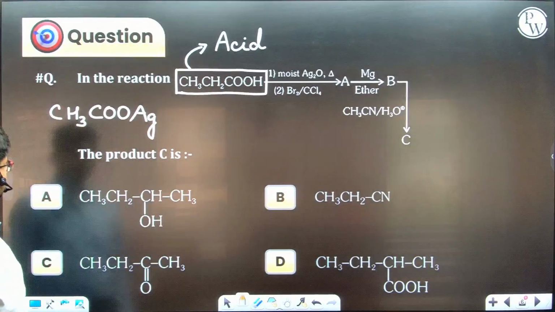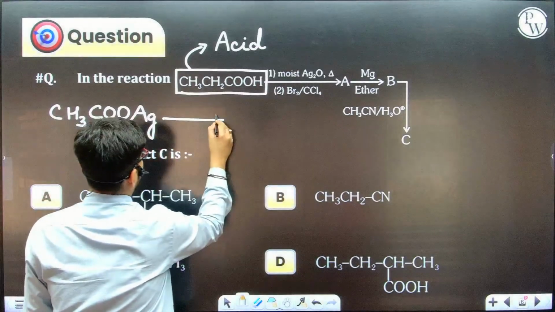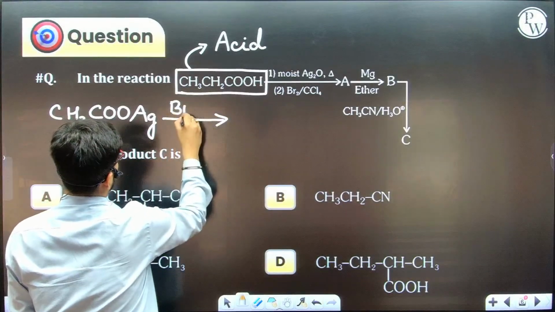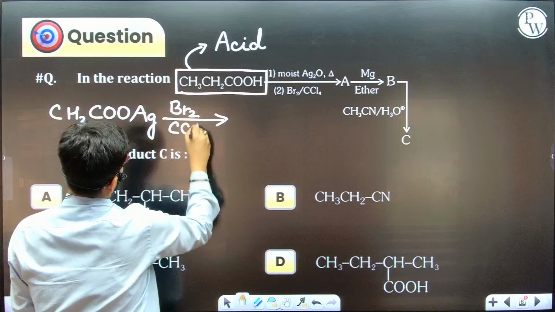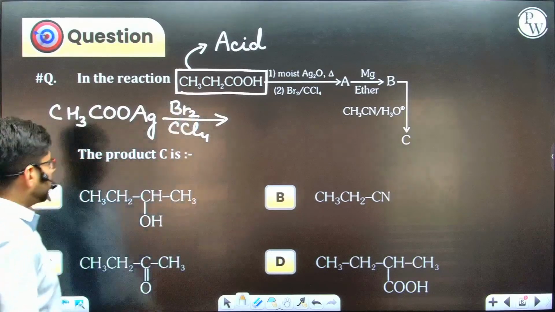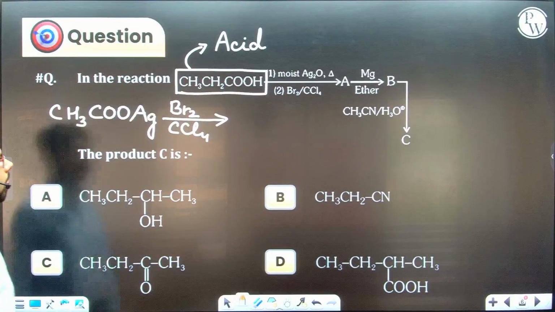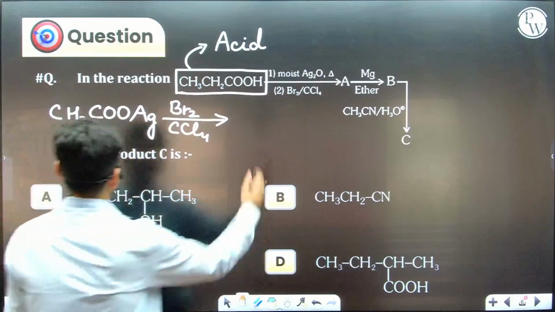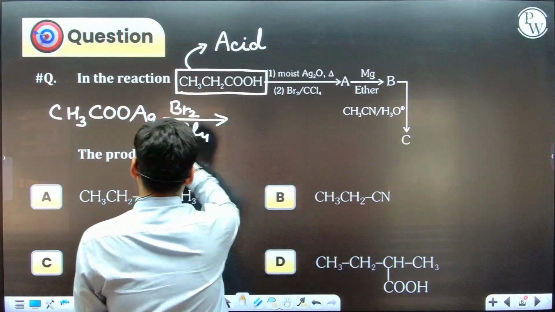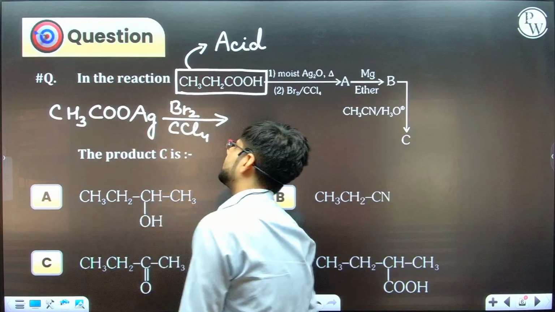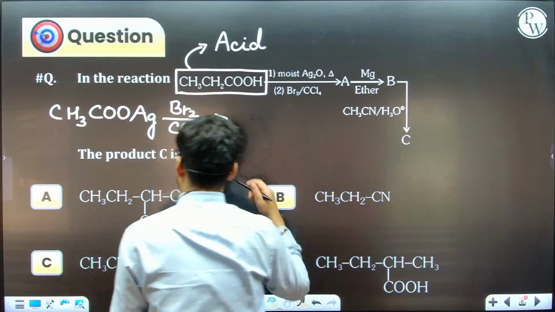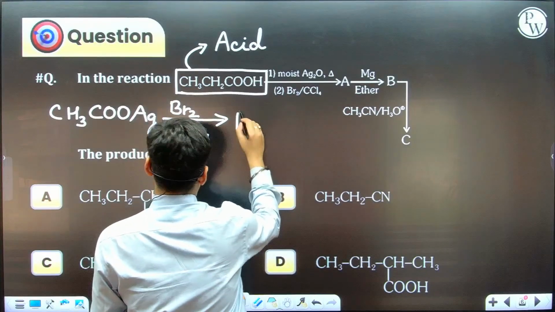Then this salt is treated with Br2 in CCl4. RCOOAg is a silver salt. If RCOOAg is treated with Br2, we get RBr.